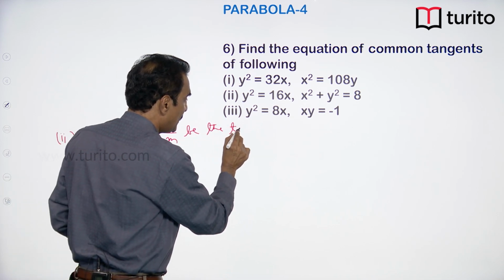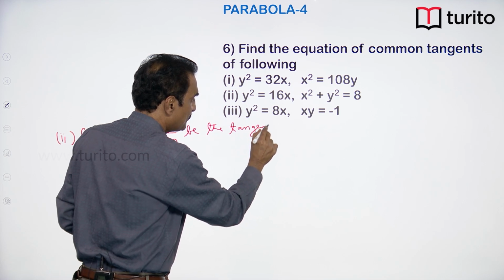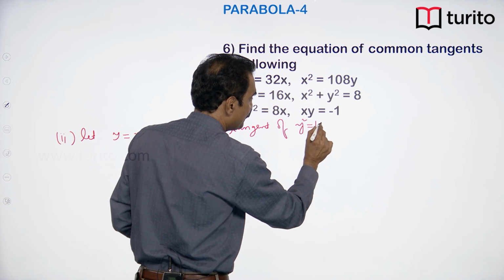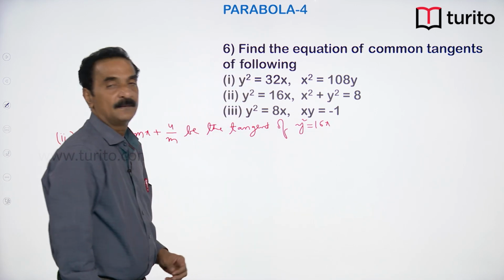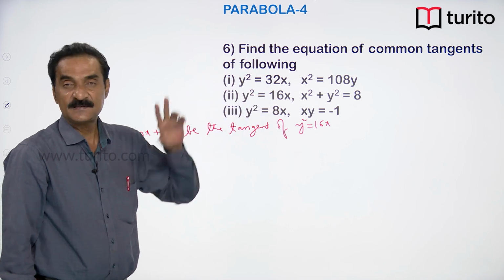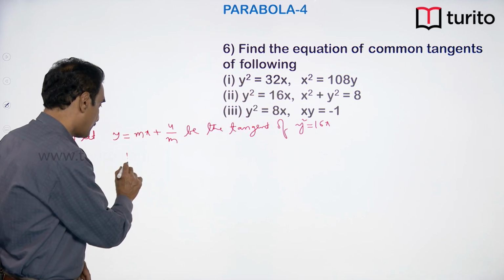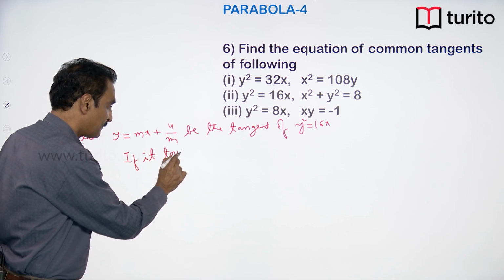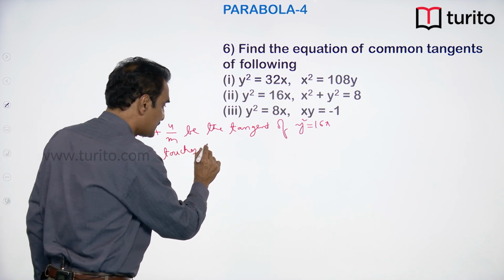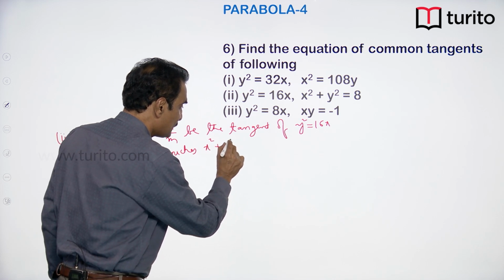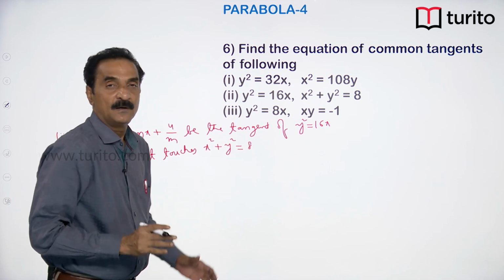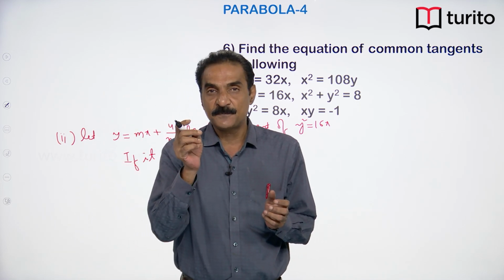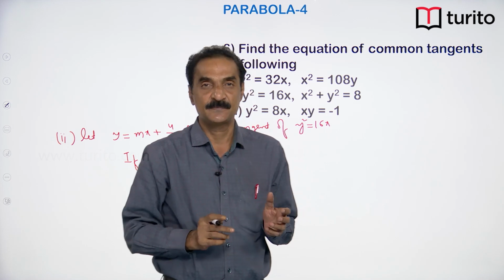be the tangent of y square is equal to 16x. If it touches the circle x square plus y square is equal to 8. What is the condition if a straight line touches a circle? Perpendicular distance from the center is equal to the radius.